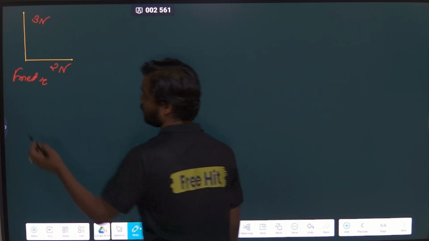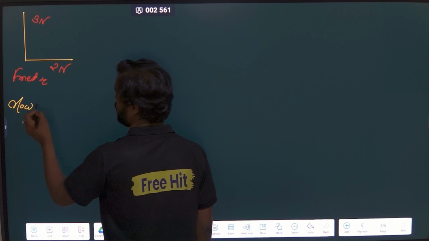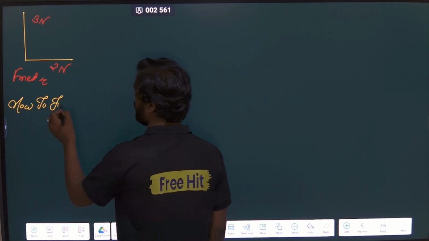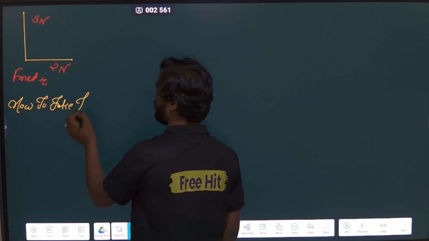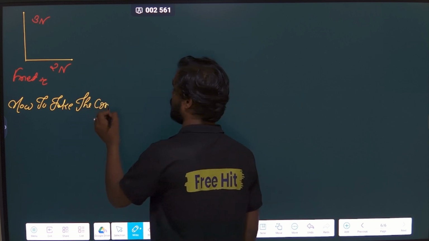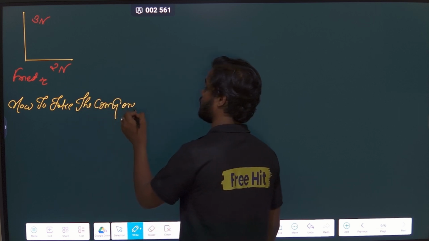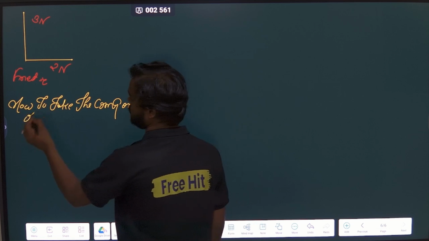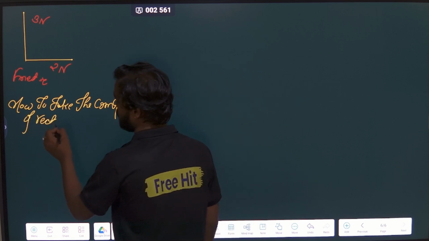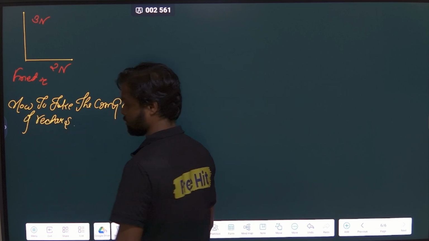How to take the component of vectors, how we take the component of the vectors.